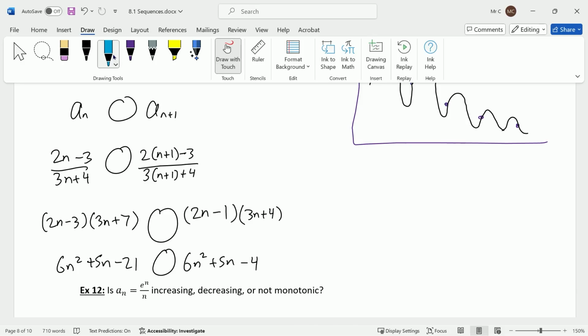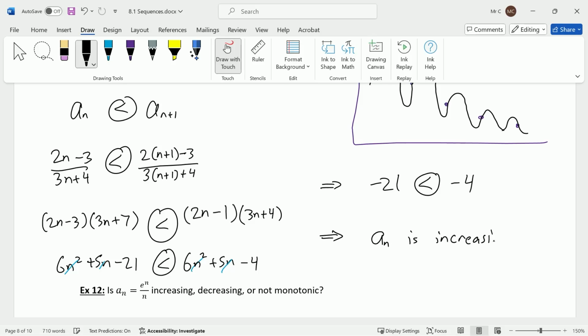And so the 6n squareds are going to cancel, 5n is going to cancel 5n, and now we can just compare negative 21 and negative 4. And of course, negative 4 is bigger than negative 21, so we'll carry that back through, and we see a sub n plus 1 is bigger than a sub n, so this implies a sub n is an increasing sequence.